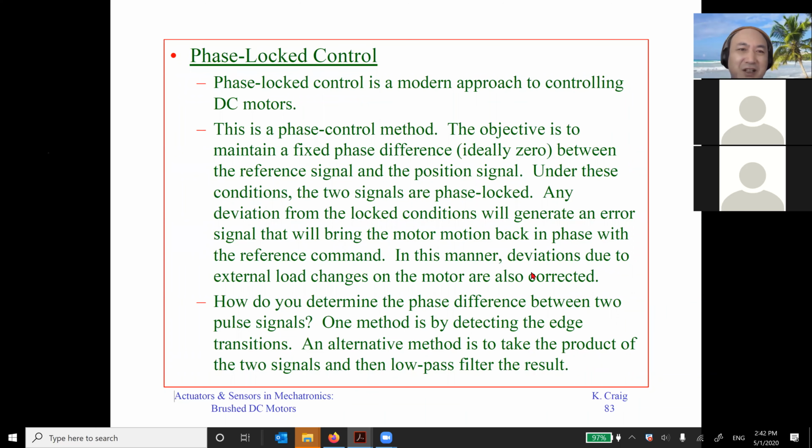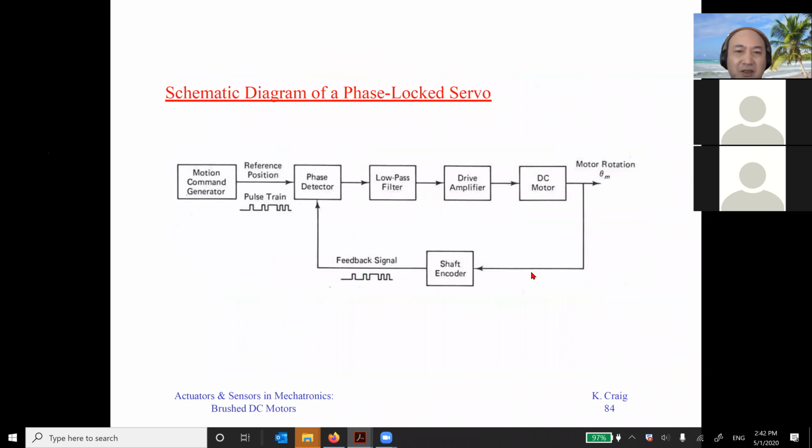Another idea is to have an outer loop control using what is called PLL, phase locked loop control. L is loop, phase locked loop. We'll see the picture here. Basically, you have a command generator giving a pulse train. Then you have a shaft encoder giving feedback to a phase detector. I want this phase to be the same as this.